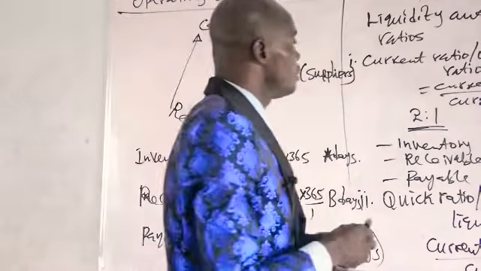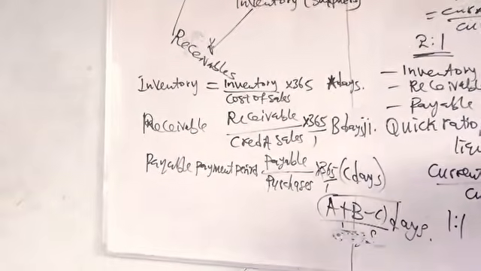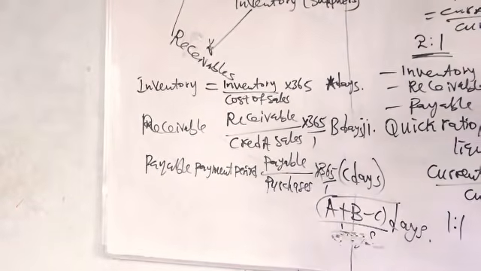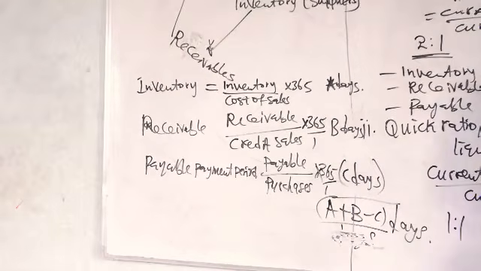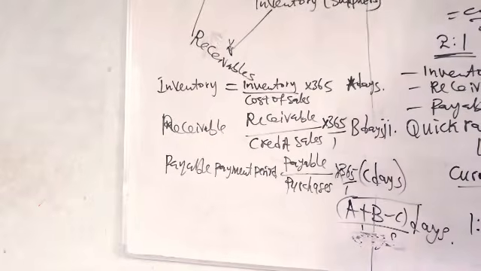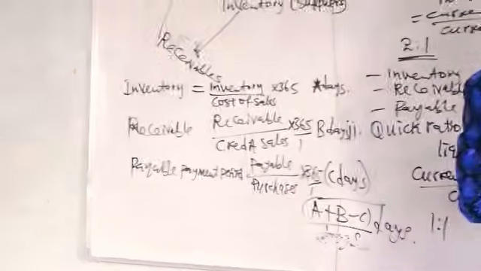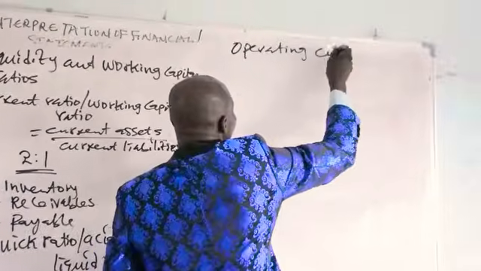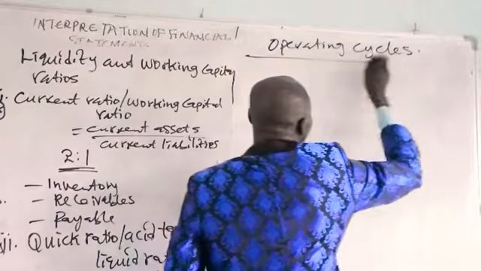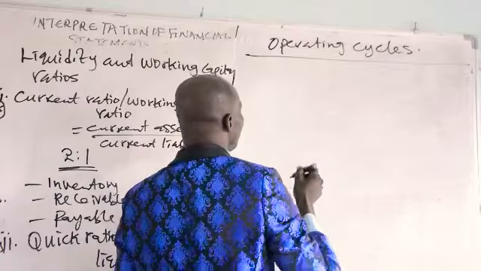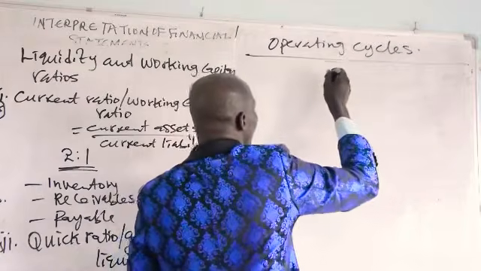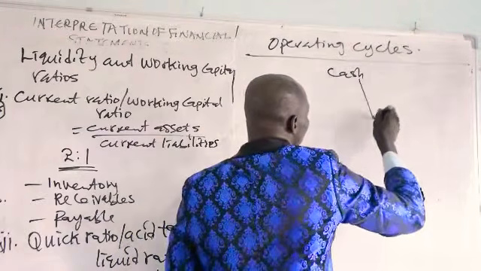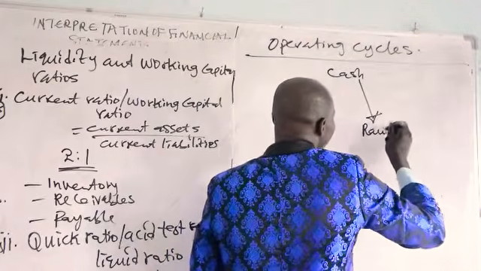But for a manufacturing business, it will be longer than that, because you will have different types of inventory: inventory of raw materials, inventory of work in progress, and that of finished goods. For a manufacturing business, your operating cycle or working capital cycle will be: you have cash, you use it to acquire inventory of raw materials.